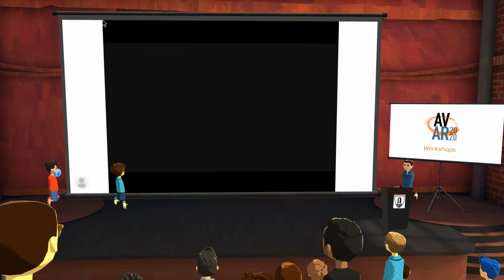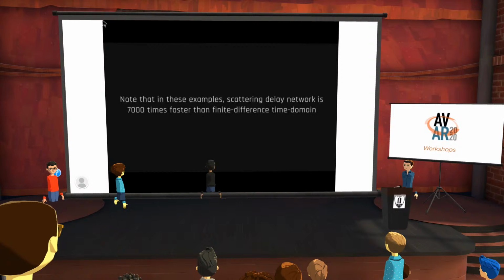The second one is the network of acoustic tubes. And third is the image method. And just once again, remember that FDTD is a lot more complex than SDN.